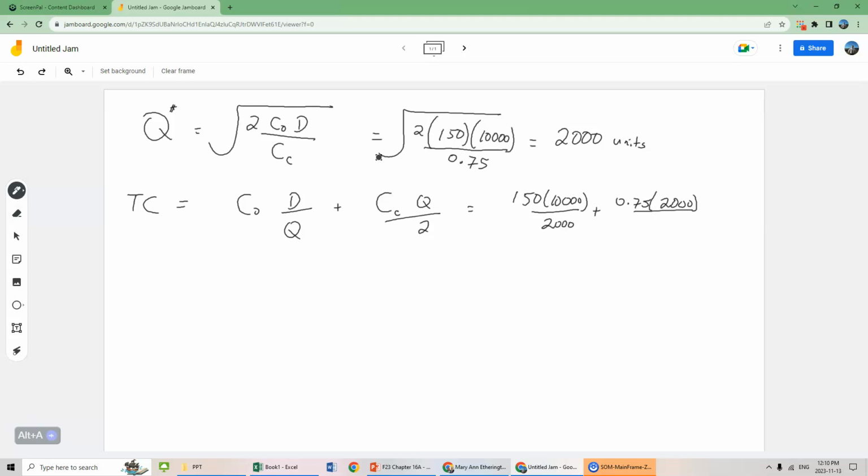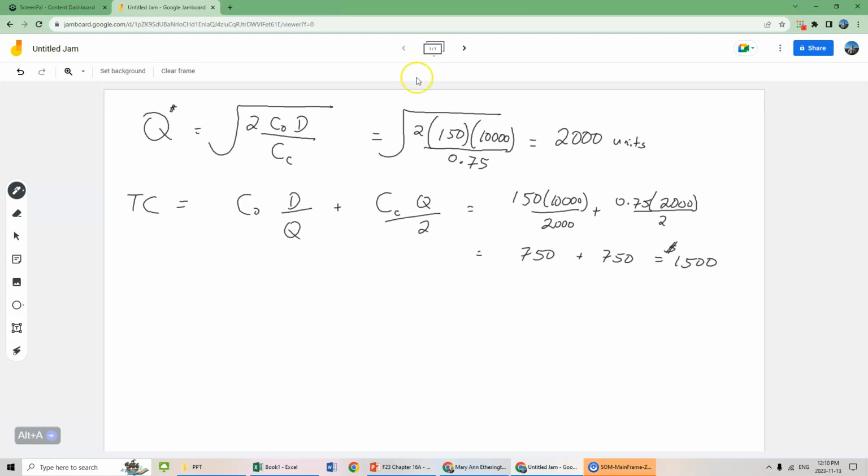This works out to be 750 plus 750 equals $1,500. And that's what we'll find when we put the optimal level of Q into our total cost calculation: both costs are minimized and both costs are equal. So that's two of the costs that we can calculate.